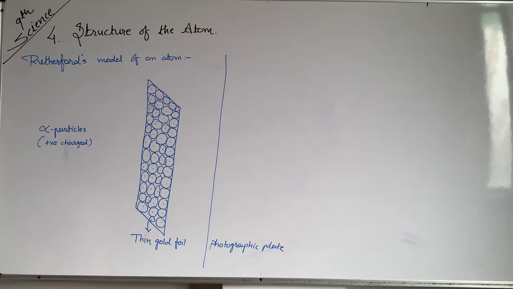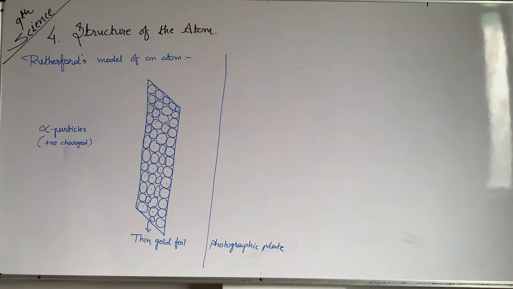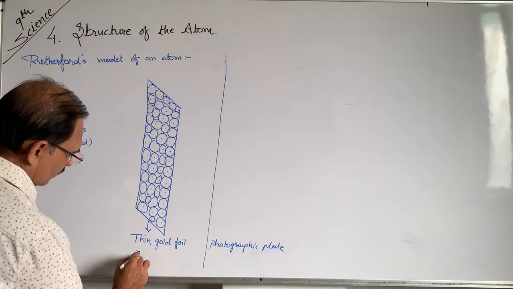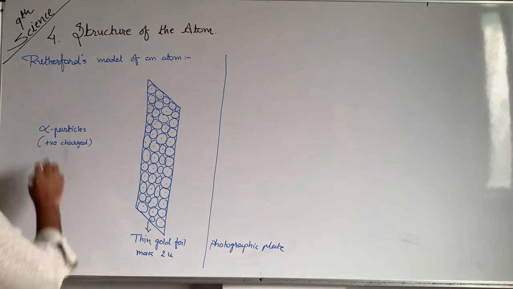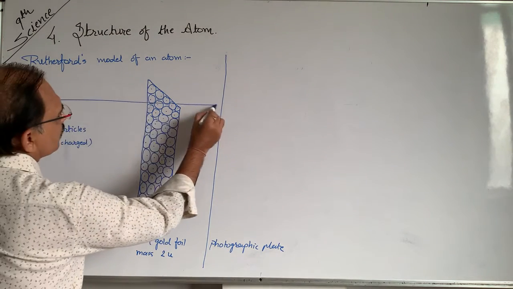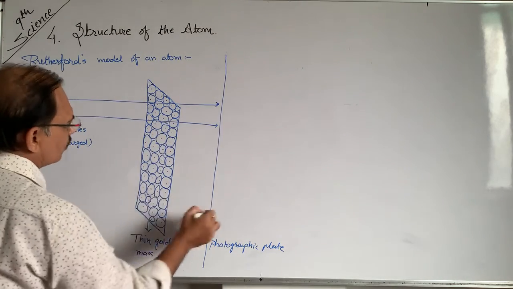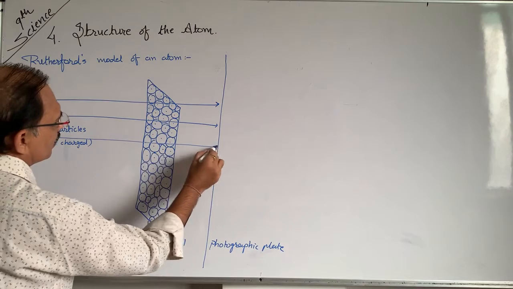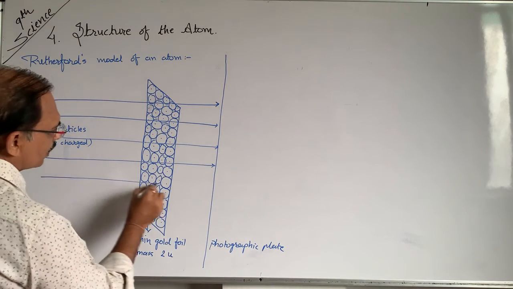So, when alpha particles are bombarded, they pass over this thin gold foil having mass only 2 unit. These alpha particles directly pass through this gold foil and blink on this photographic plate one by one. When it blinks, Rutherford counts this blink.